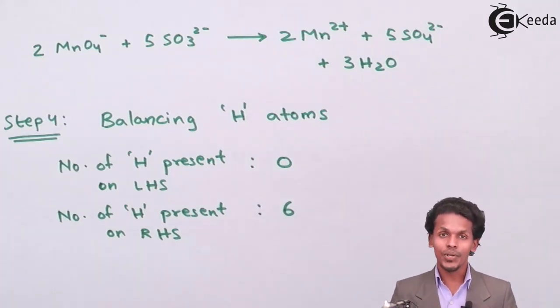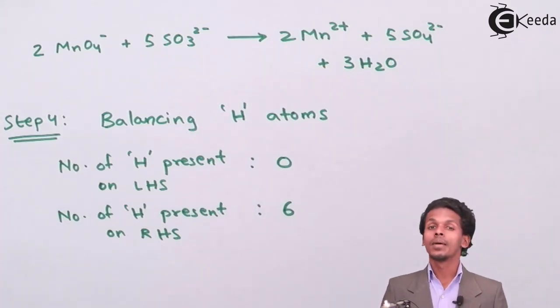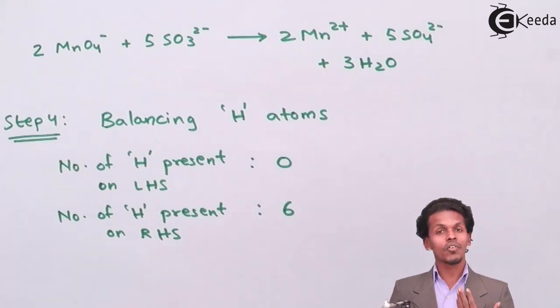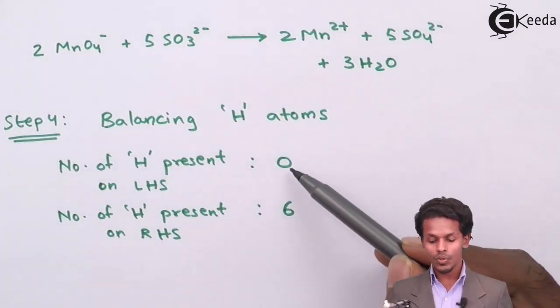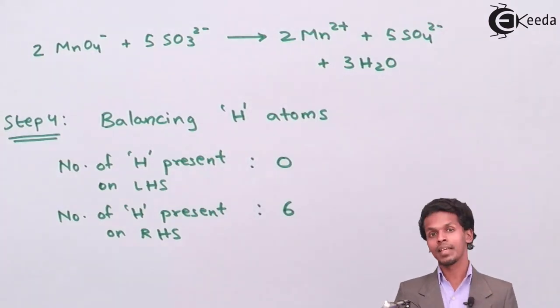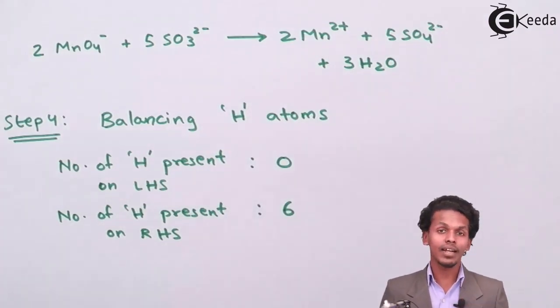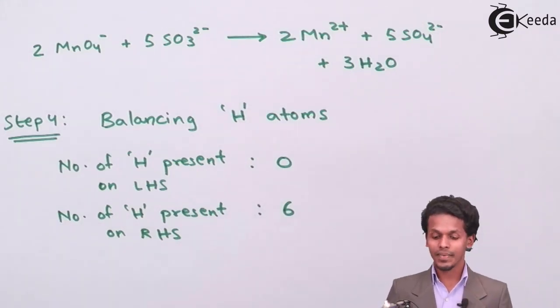Now we are going to compare the number of hydrogen atoms on the left hand side and the right hand side. As we can see, it is 0 and it is 6 on the right hand side. So both are not balanced, and on the left hand side there is a deficiency of 6 hydrogen atoms.